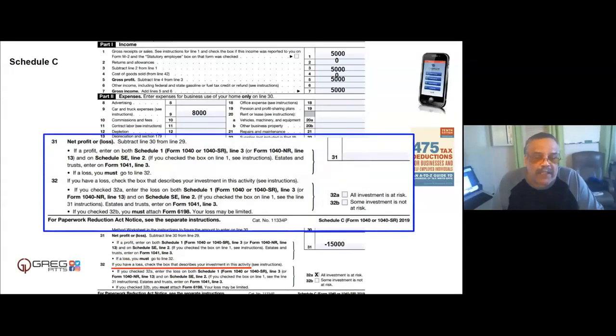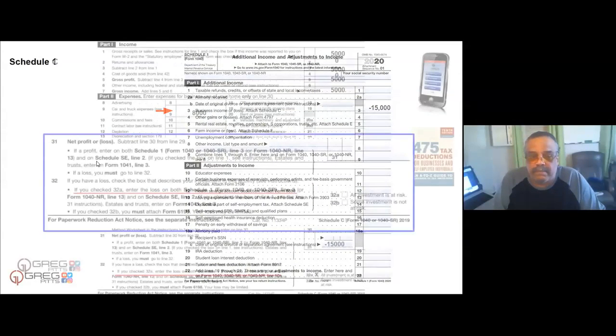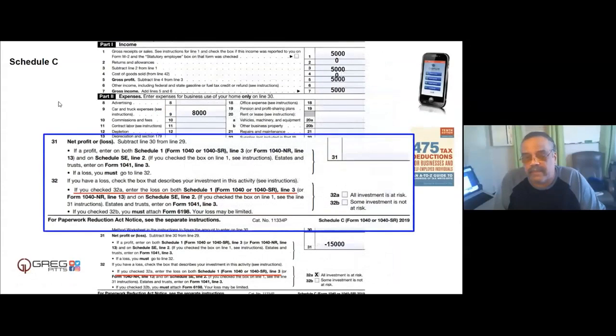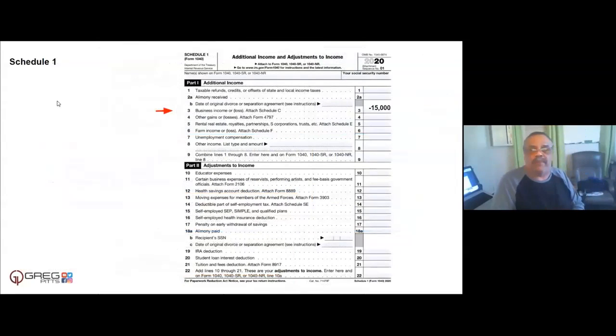Since all of your investment is at risk, check off line 32A. So you put that on line 32A.